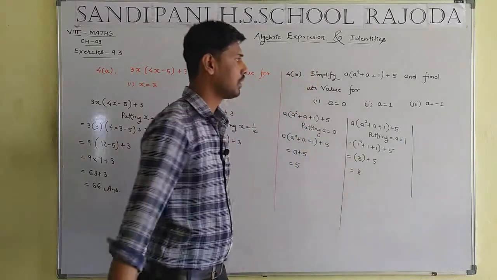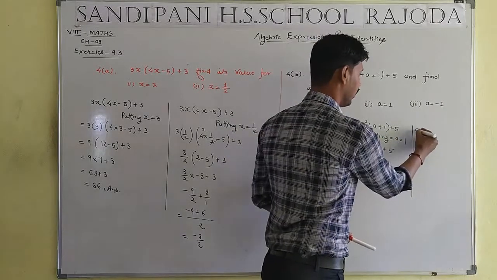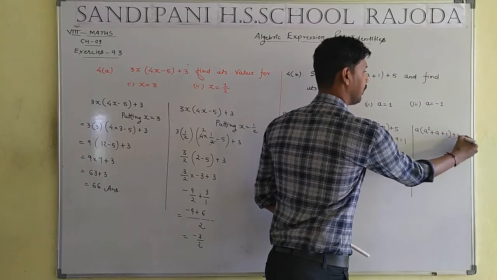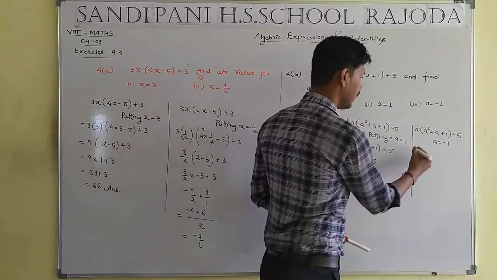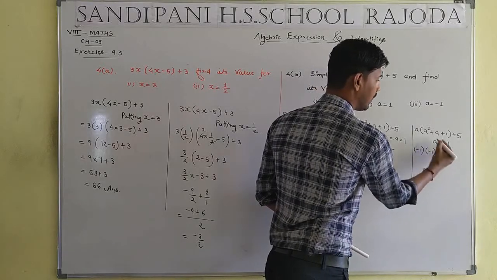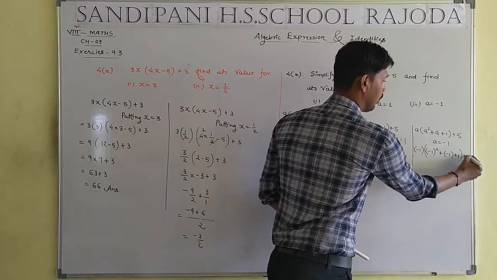The last question, a will be equal of minus 1. Here polynomial a square plus a plus 1 plus 5, but a replaced with the minus 1 such that minus 1 into minus 1 whole square plus minus 1 plus 1 and also plus 5.